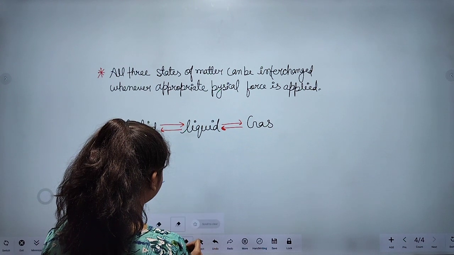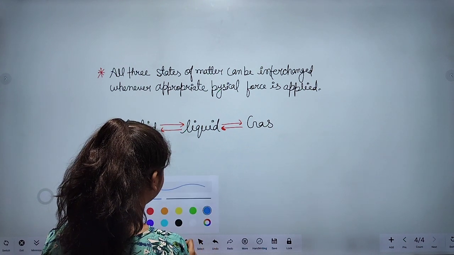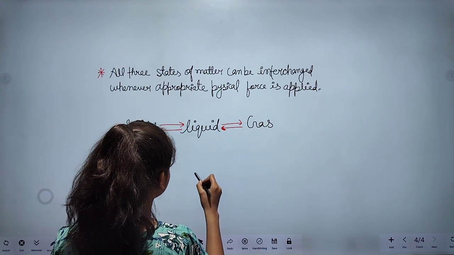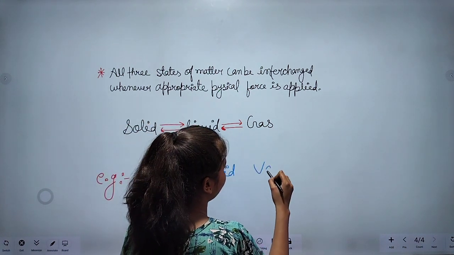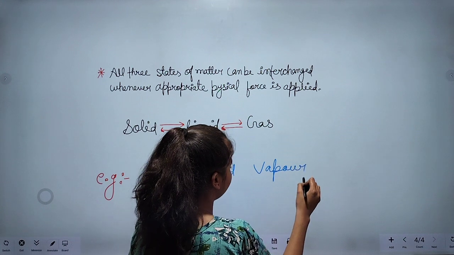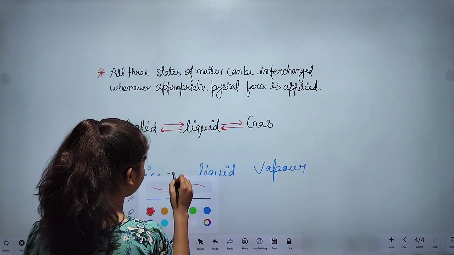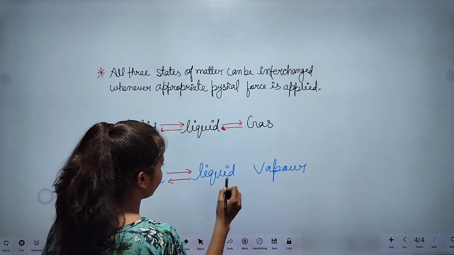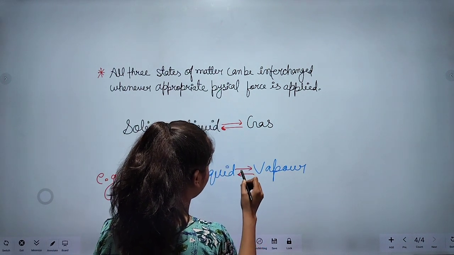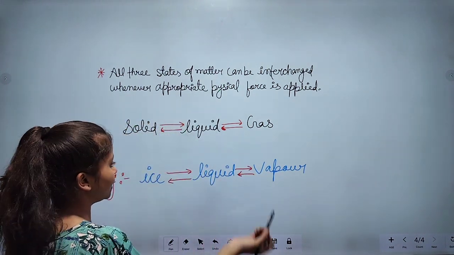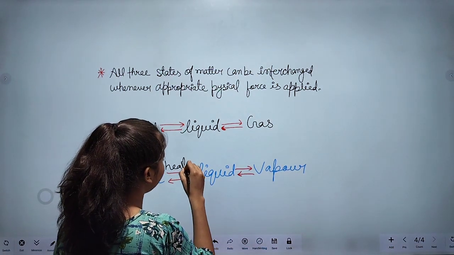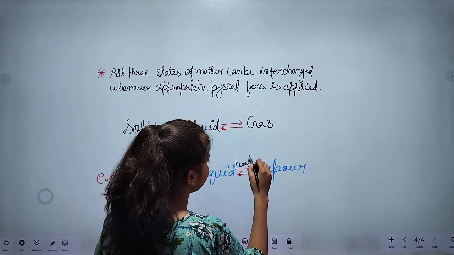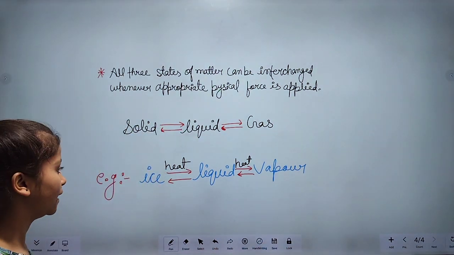And here ice, liquid and vapor. If ice is heated, it turns into the liquid, and if liquid is heated, it turns into the vapor, into a gas.